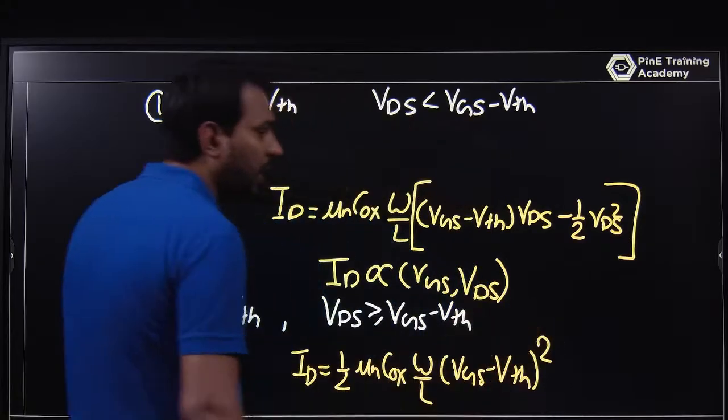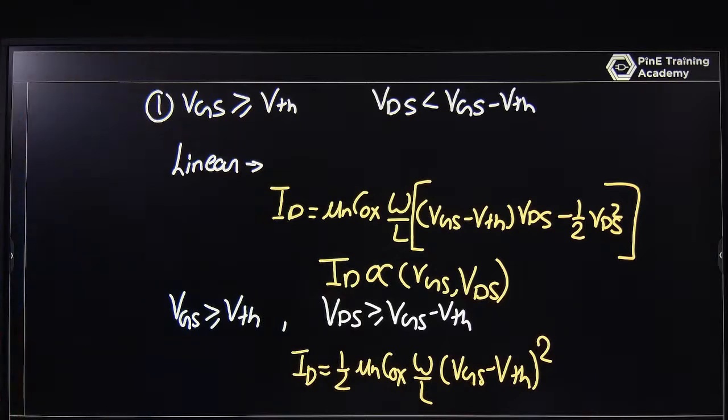Here I am assuming there is no channel length modulation, so lambda is 0. I am talking about a long channel length where lambda is 0; otherwise there is a factor of 1 plus lambda VDS. So in saturation, ID is 1 upon 2 mu n CoX W by L, VGS minus VTH whole square.